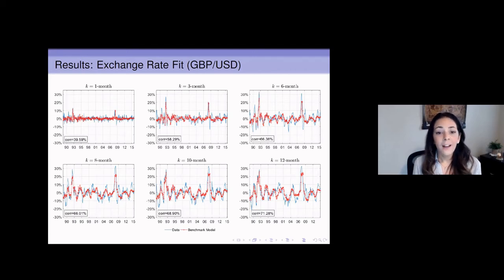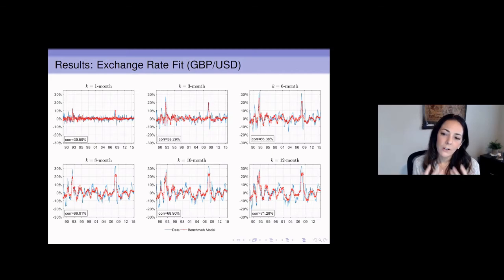So the first time that I ever looked into exchange rates, I was quite disappointed to know that my model couldn't fit 1 month exchange rates. I was back in the day in grad school looking at exchange rates for the first time, and my advisor told me, if you were able to model 1 month exchange rate movements better than this, you would be making a lot of money because that's extremely hard.